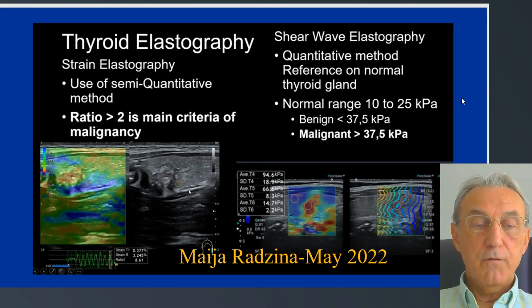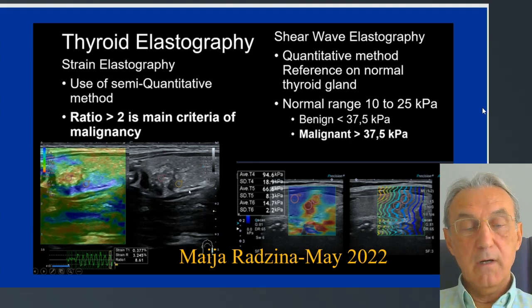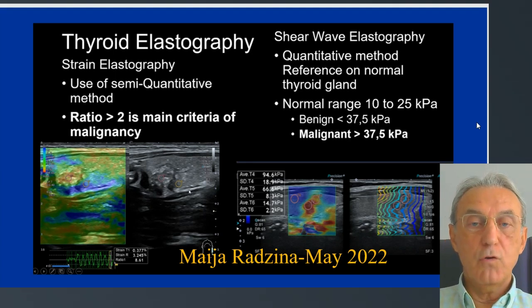Thyroid elastography is very helpful to us, but it is still not used in the guidelines. It does not change the status of the nodule. I mean, if it is hard, it can still be benign. If it is soft, it can still be malignant.